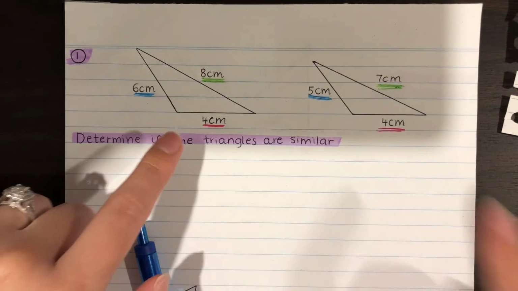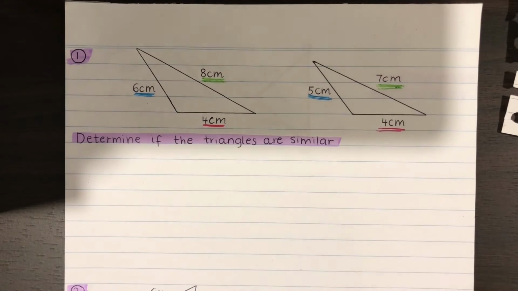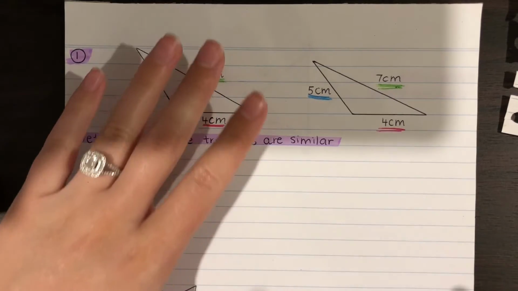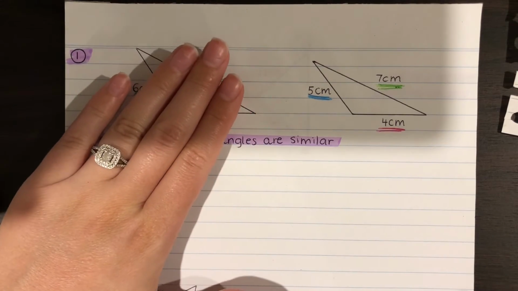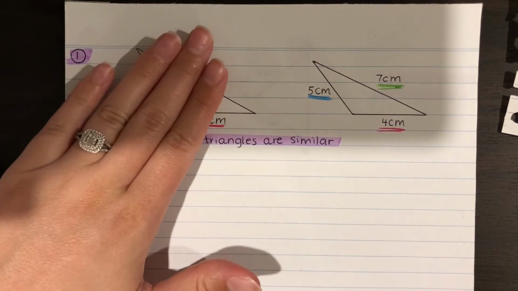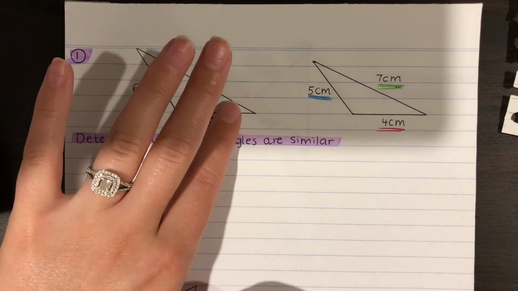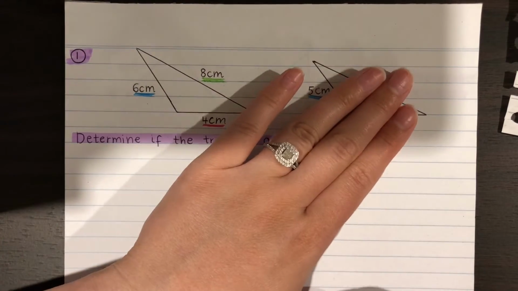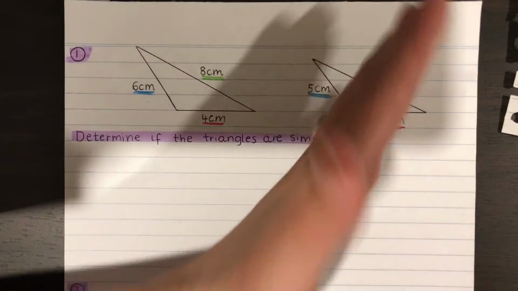I'm going to label these triangles as original and image. Whatever's on the left-hand side, you can just assume is the original shape, and whatever's on the right-hand side is the image. So it goes original, image.